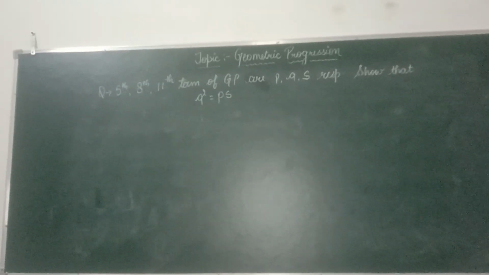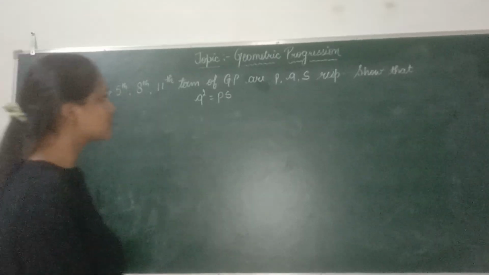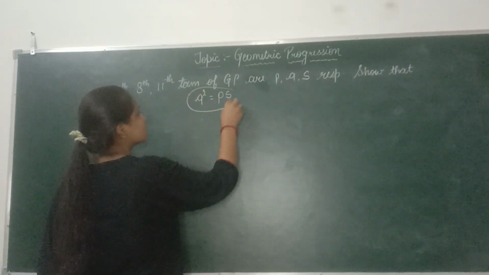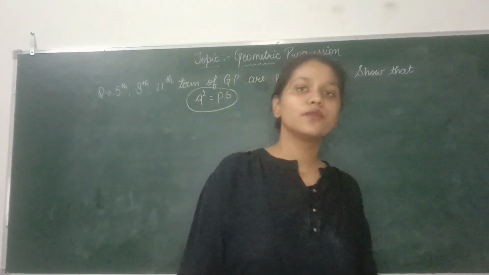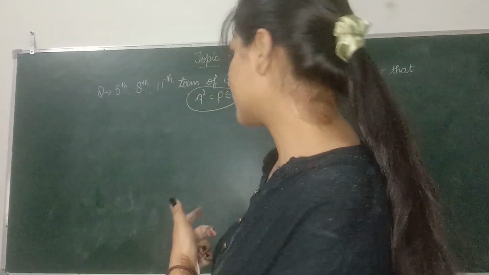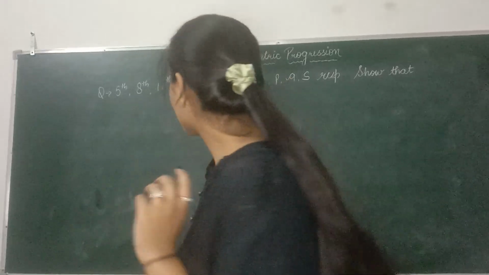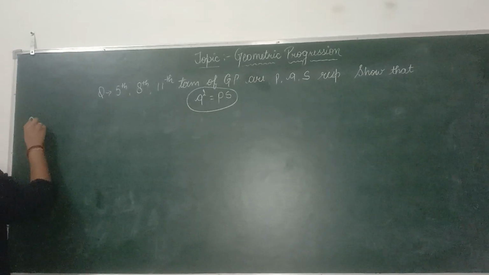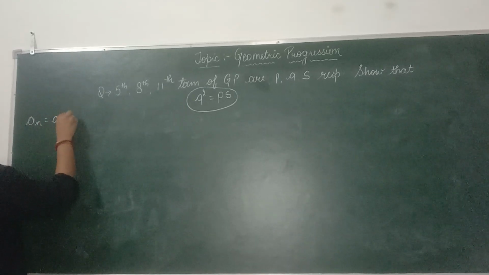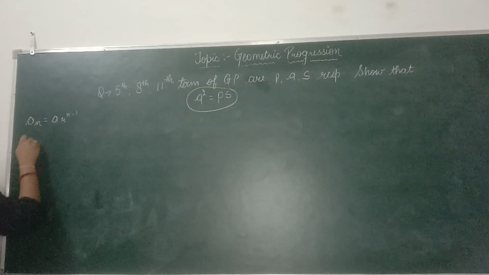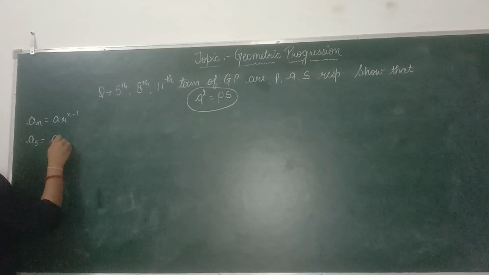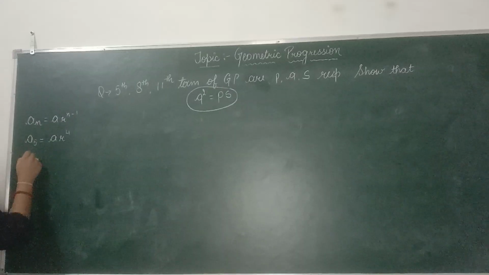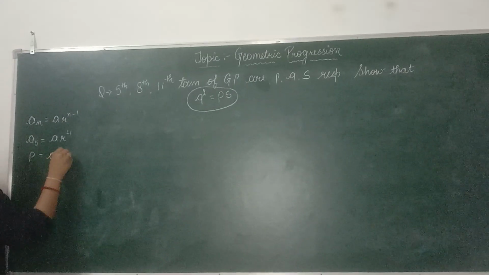In the next question it is given that the 5th, 8th and 11th terms of a GP are P, Q and S respectively, and we have to show that Q square is equal to PS. In this question we don't have to find any term, we just have to prove the relation that Q square is equal to PS. So by writing the same formula, AN is equal to A R power N minus 1. The fifth term will be A R power 4, and the fifth term is P, so P is equal to A R power 4.